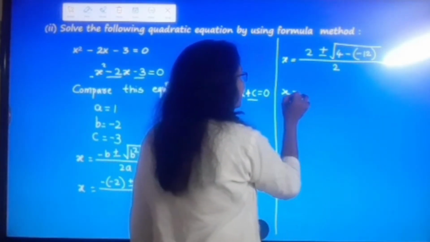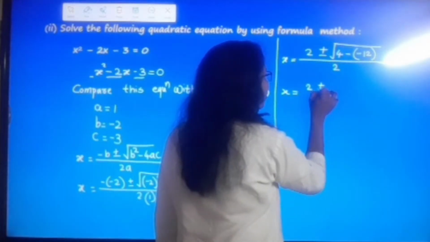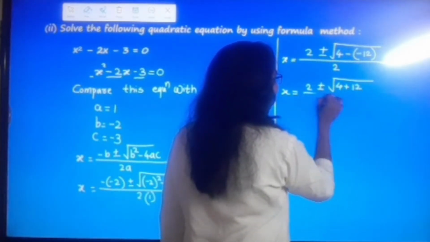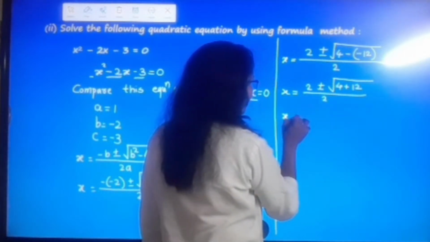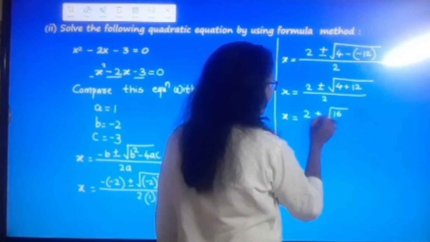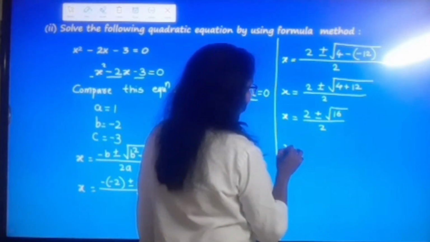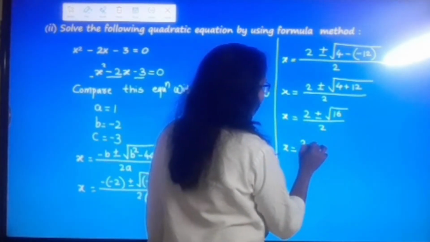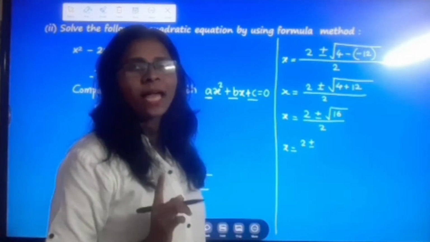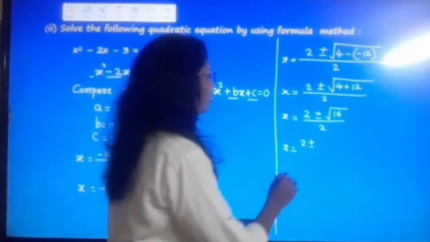So x is equal to 2 plus or minus the square root of 4 plus 12 upon 2, so x is equal to 2 plus or minus the square root of 16 divided by 2. What is the answer of root 16? That is equal to 4.